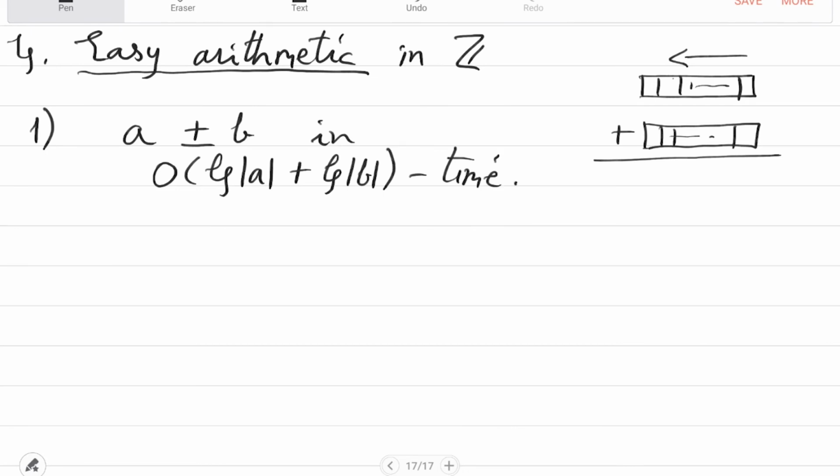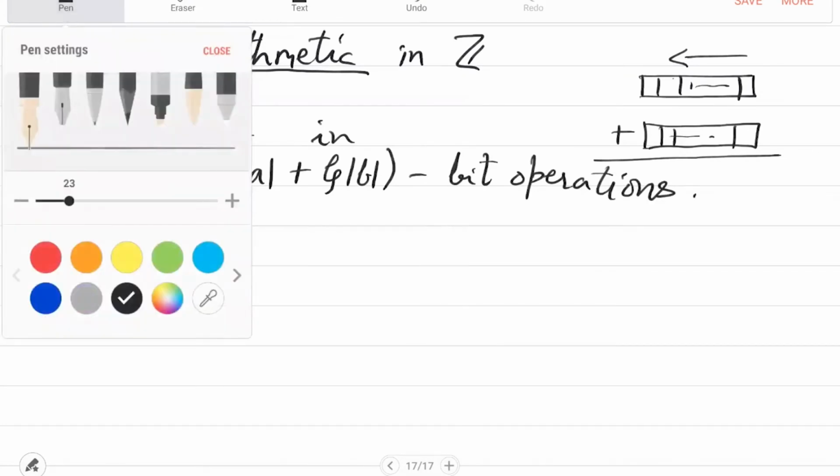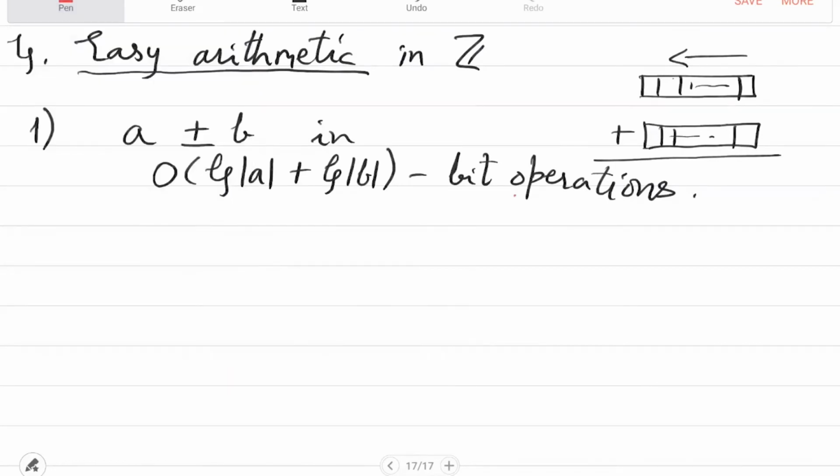So to be precise, these are the bit operations. And when we say time, we really mean this.